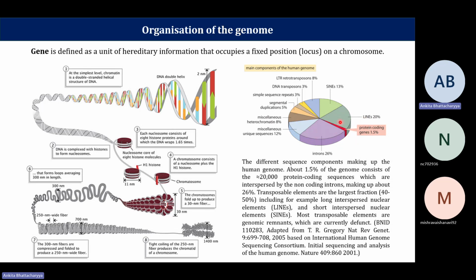But a large portion is something that we usually do not take into consideration, though of course there are multiple research groups who work in these domains. That includes LINEs, SINEs, transposons, unique sequences, introns, etc. And majorly, they are involved in regulating the expression and the functionality of the coding part of the genome. So that is what we see here.